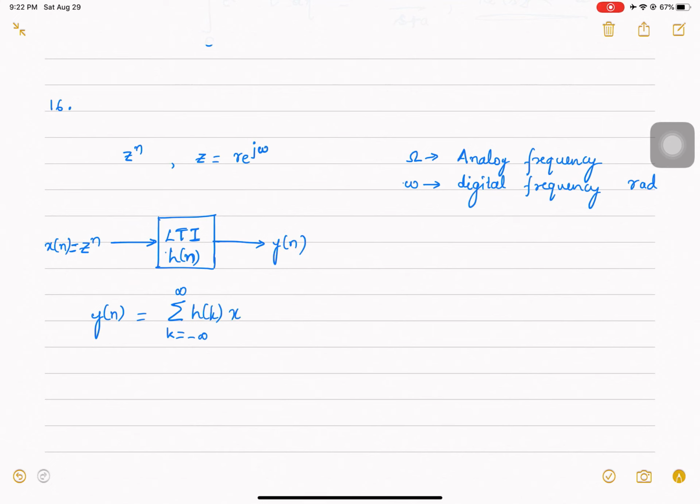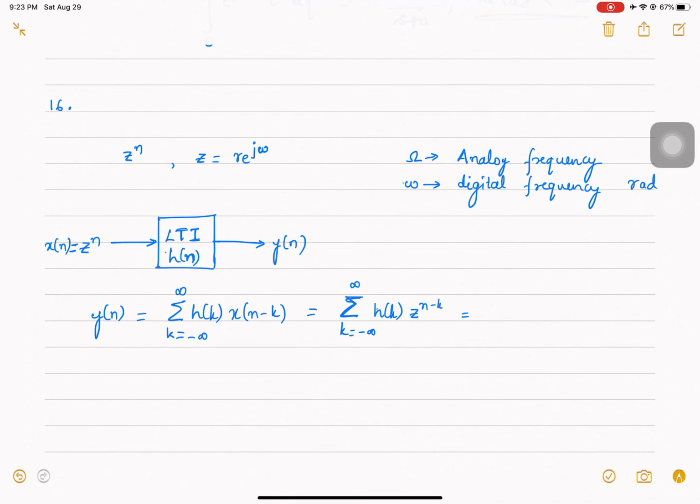I told you that the convolution sum relation is commutative, so I'm going to use this, and this is the relation which is more helpful than the other one, x of k into h of n minus k, summation k going from minus infinity to plus infinity, right? So to do the manipulations. Okay, so this is h of k z power n minus k.